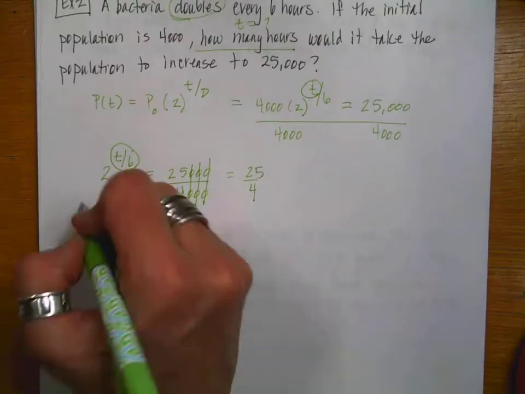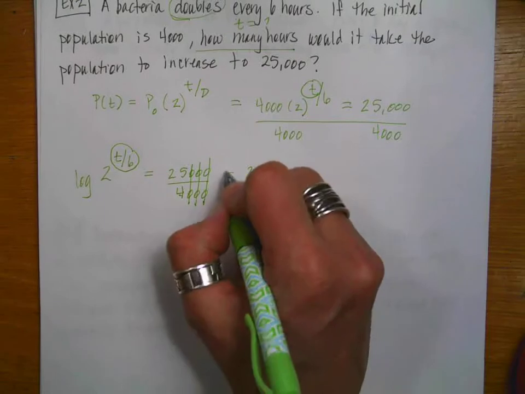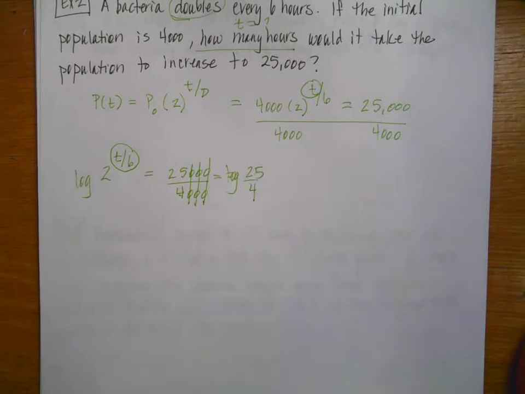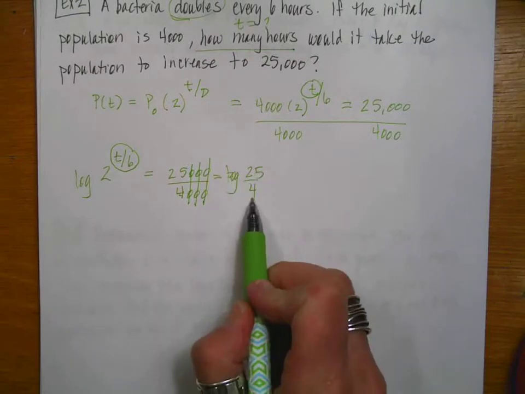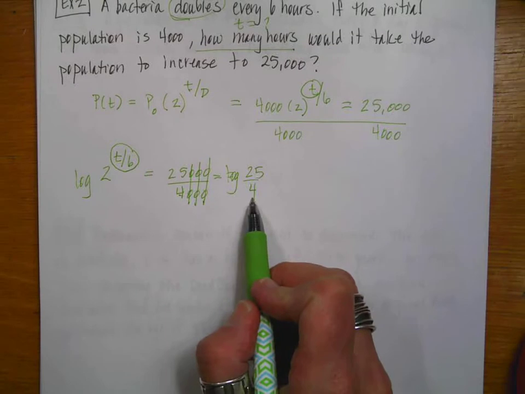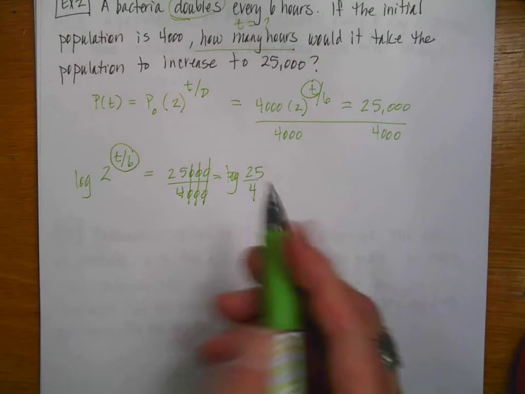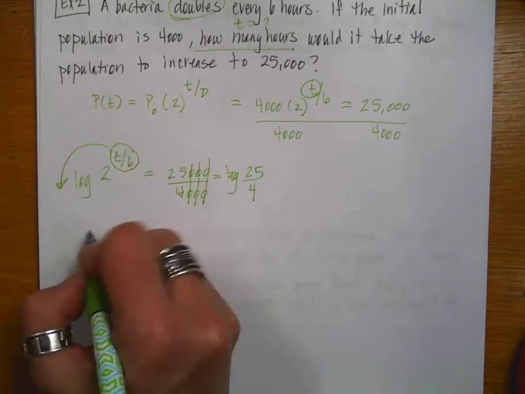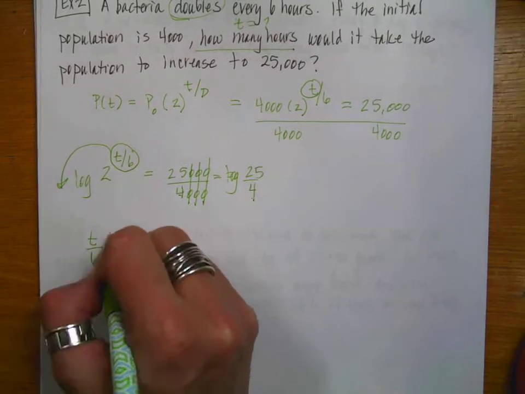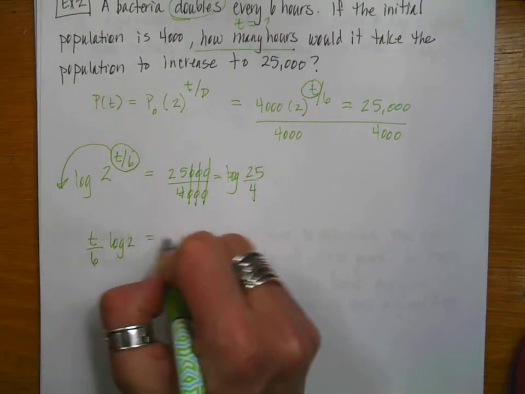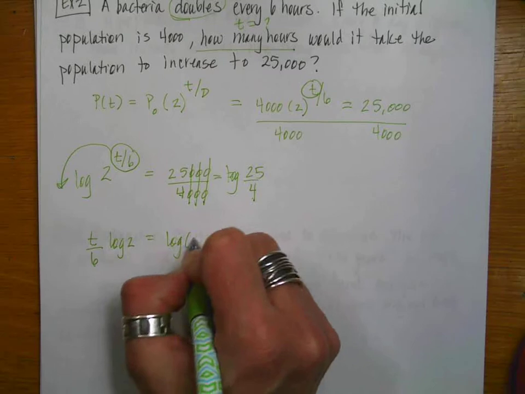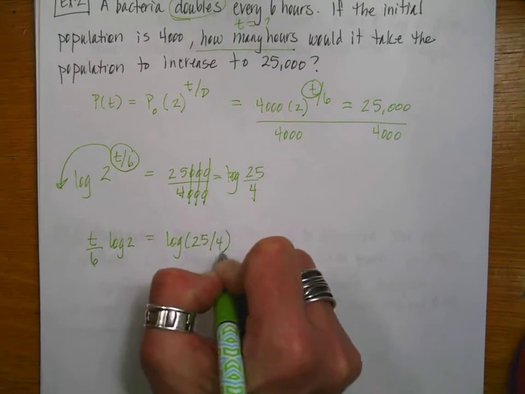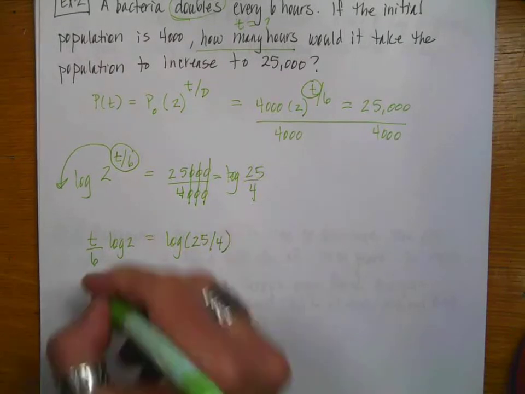T is in the variable position, so now I'm going to take the log of both sides. Okay? I'm not going to do this math yet because it creates a lot of error, so I'm going to wait until the end of the problem to use my calculator. By the power rule, that number, the exponent, goes out front, so t divided by 6 log of 2 is equal to the log, and again, I'm not going to do this math yet.